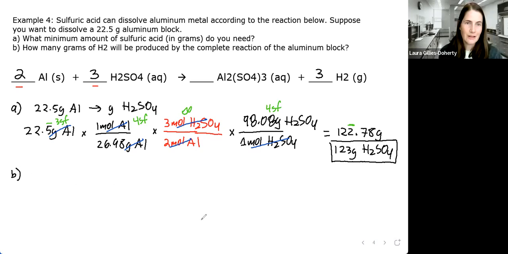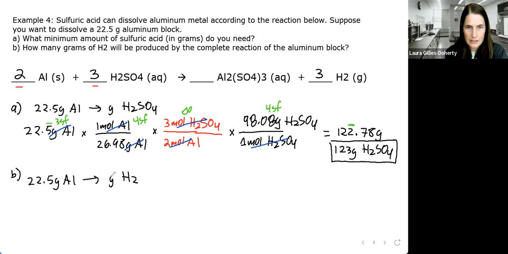Now checking B, how many grams of H2 are going to be produced by the complete reaction of the aluminum block? So if we completely react all 22.5 grams of aluminum, how much of the hydrogen gas product are we going to get? So we're going to have the same starting value, 22.5 grams of aluminum, and we want to now calculate grams of H2 gas.